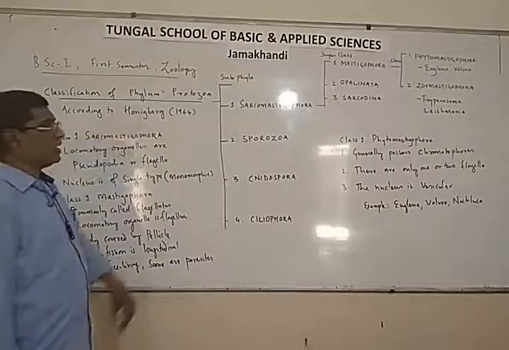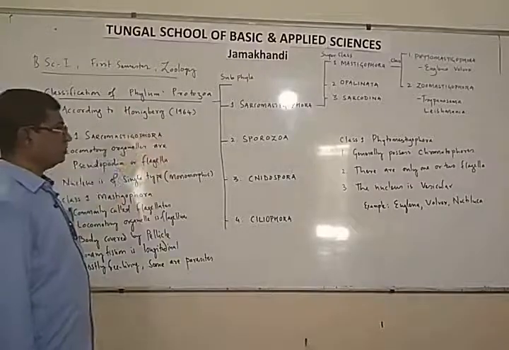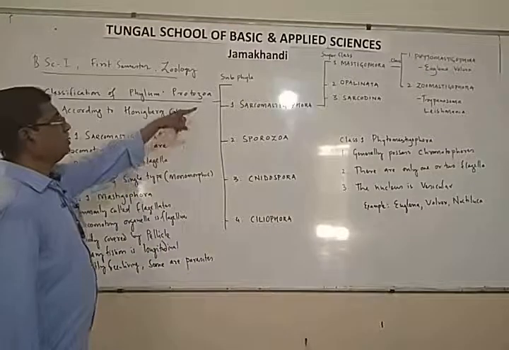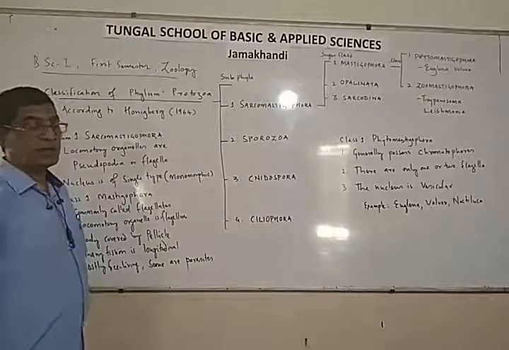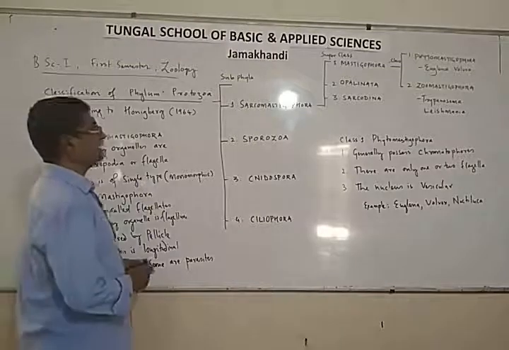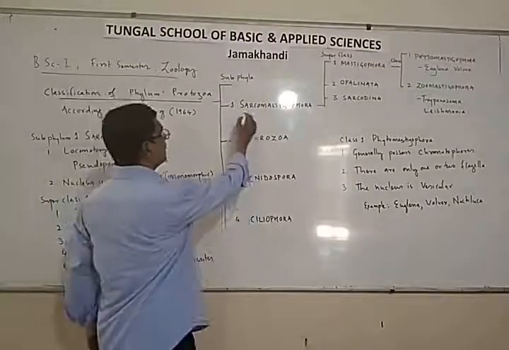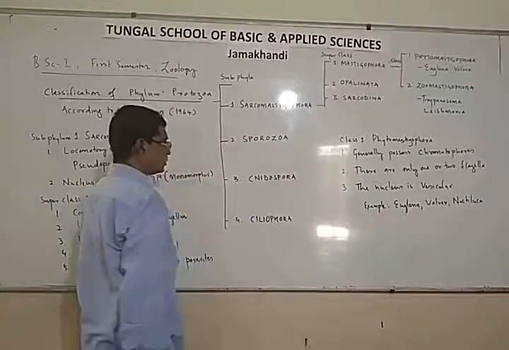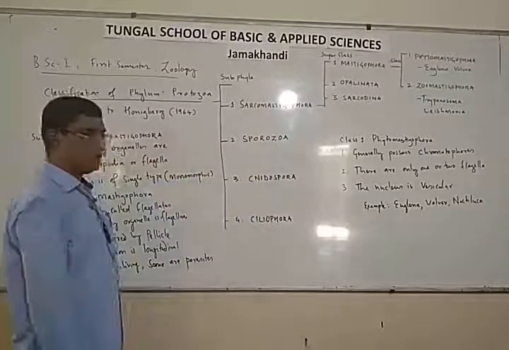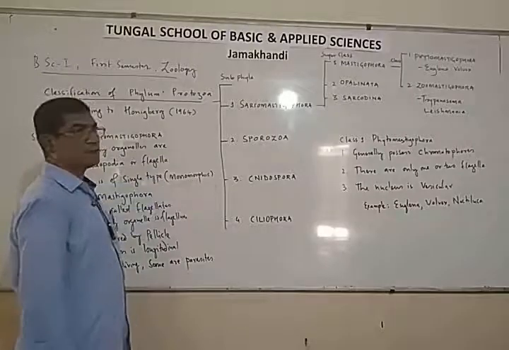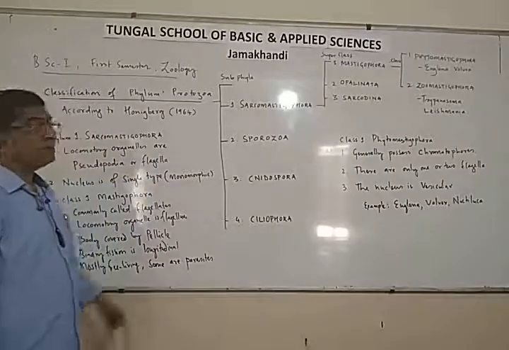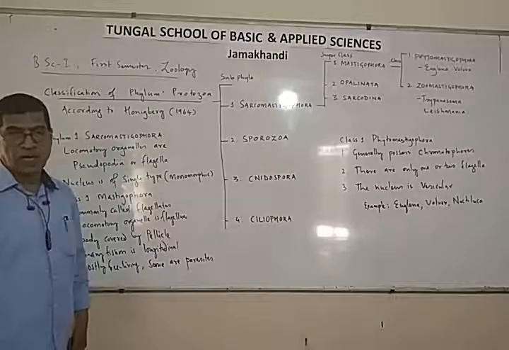The phylum Protozoa has been divided into 4 subphyla. How many subphyla? 4 subphyla such as Sarcomastigophora, Sporozoa, Cnidospora and Ciliophora. So like that there are 4 subphyla under phylum Protozoa.